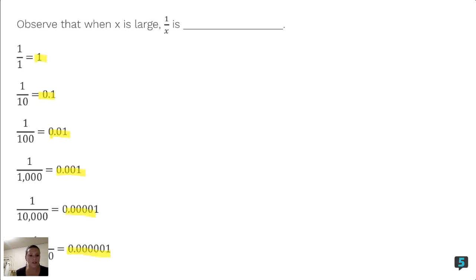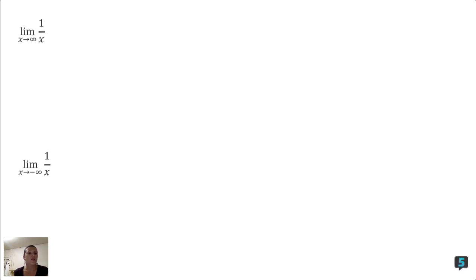And that number is getting smaller and smaller and closer and closer to 0. So let's put this into notation. The limit as x approaches infinity of 1 over x is going to equal 0. So as my denominator gets larger, 1 over x is going to get smaller. And it's going to get so small, it's basically 0.